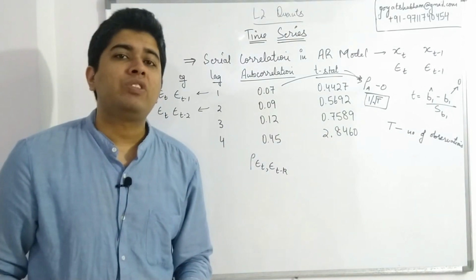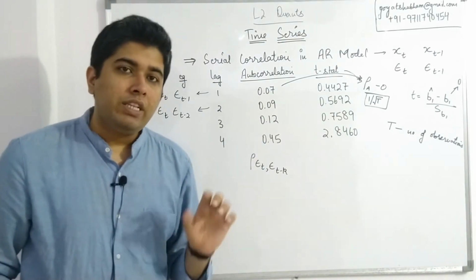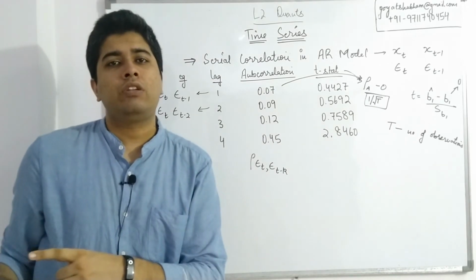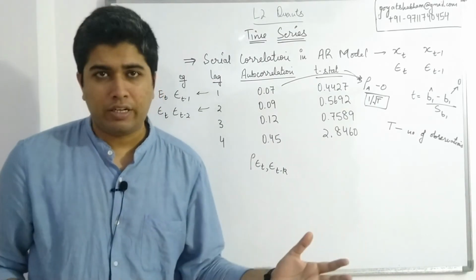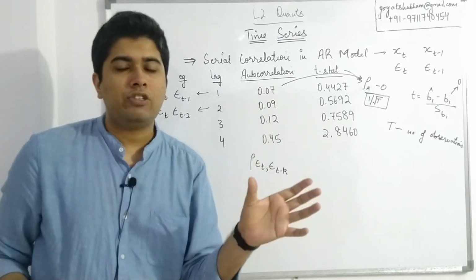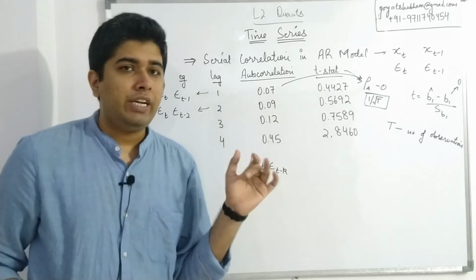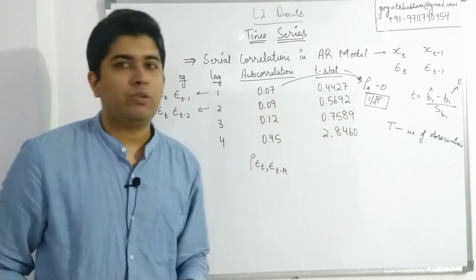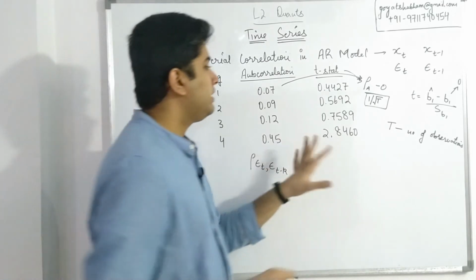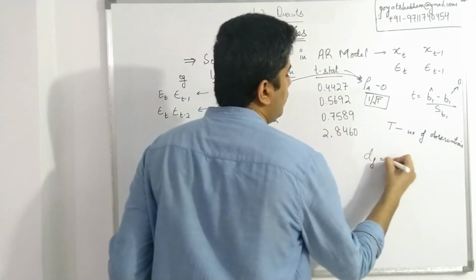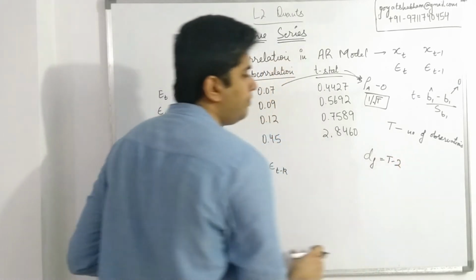After that, we were simply checking whether that t-stat is within the critical range from the t distribution, or outside the critical range. In order to check the critical range of the t distribution, we need degrees of freedom and the level of significance. Let's look at those two things. In our case, in serial correlation, degrees of freedom is always going to be T minus 2.